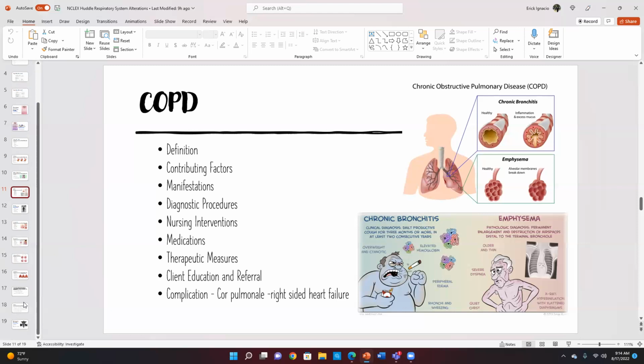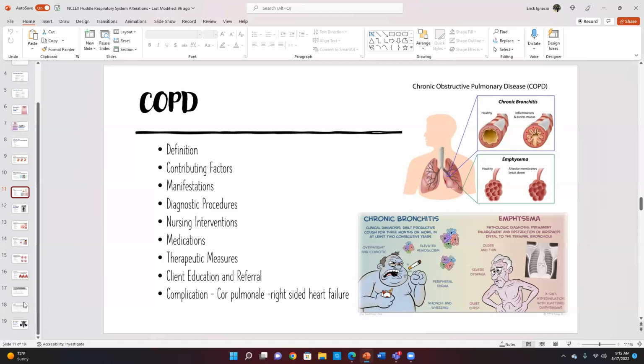Now, cor pulmonale has manifestations of hypoxia and hypoxemia, extreme dyspnea, cyanotic lips, JVD, or jugular venous distension, dependent edema, edema of the lower extremities, usually over the shins, right? Hepatomegaly is enlargement of the liver, pulmonary hypertension.